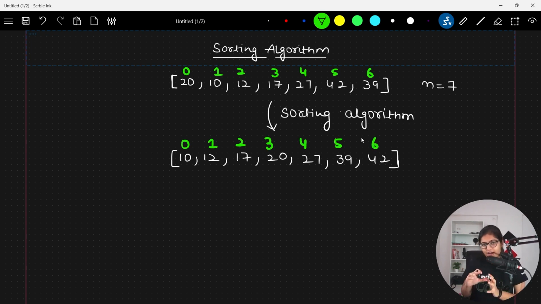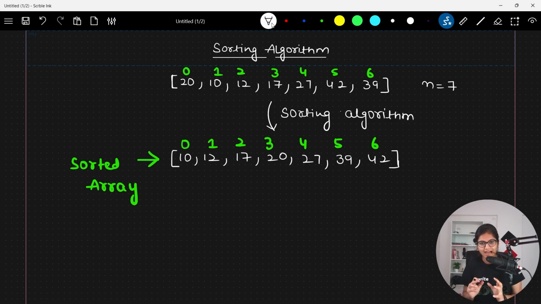This is the meaning of sorting. This is what we call a sorted array. Given any kind of array, once I apply any sorting algorithm out of the many that we will discuss in our course, the expectation is that the array should look like this.